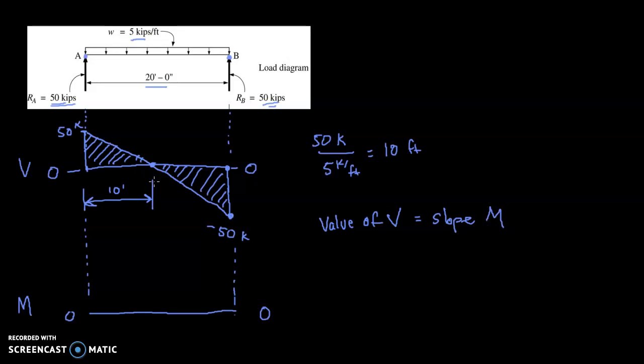But unlike in the previous example, our shear value is not staying constant. It is changing. It is starting off high and reducing, which means that the slope of our moment diagram is going to start high, like a rocket ship taking off, and as it travels along that beam, that slope is going to get less and less until right here at mid-span, the slope is actually going to be 0.